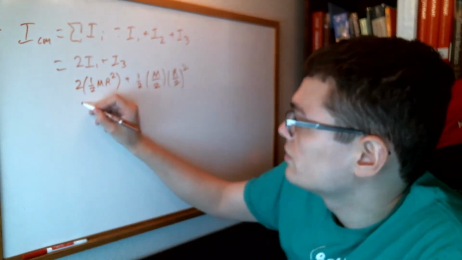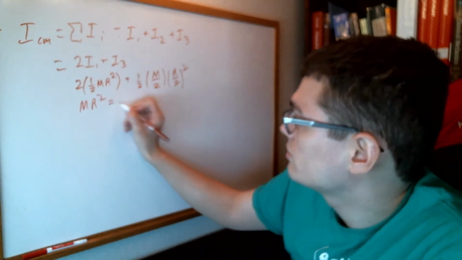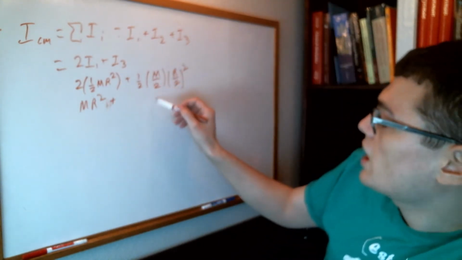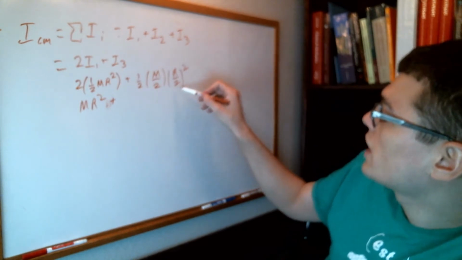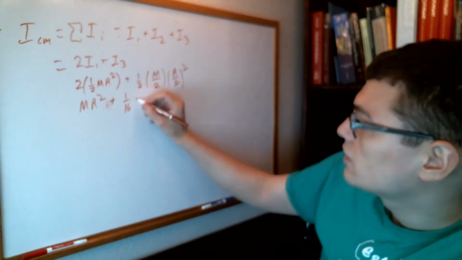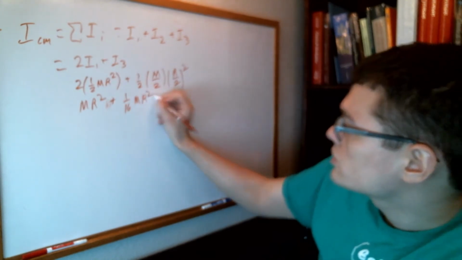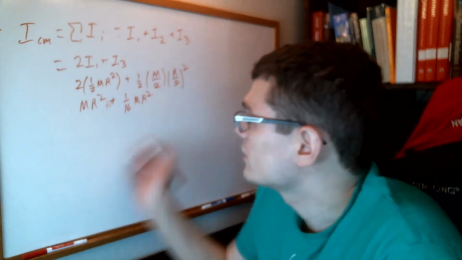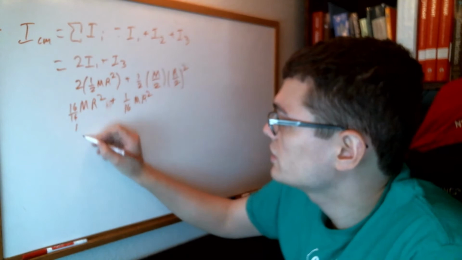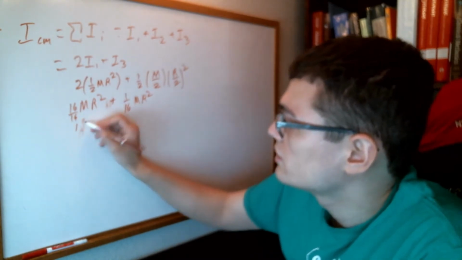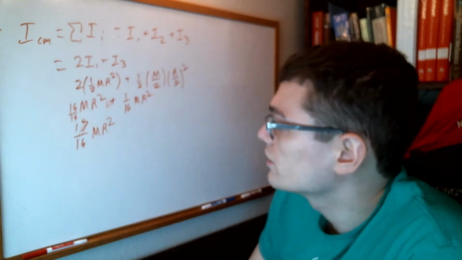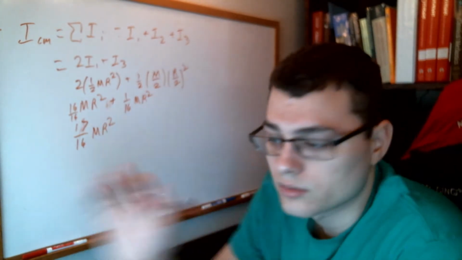So then this is going to be mr squared, plus 1/2 times 1/2 is 1/4, and then 1/2 times 1/2 is 1/4. 1/4 times 1/4 is 1/16, and then we have mr squared. And so then we can add these up, and this is going to be 16 over 16 here. So this is going to be 17 over 16 mr squared. Easy peasy. We're donezo.